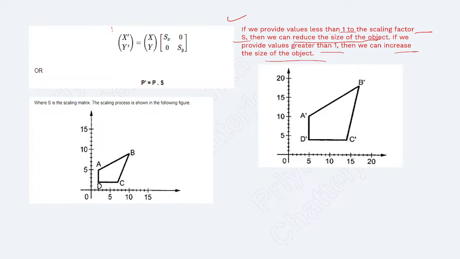Okay. x dash, y dash, x y, sx sy. So this is the scaling matrix, because in the same way I will multiply x y with this. After multiplication, ultimately you will get x dot sx and y dot sy. That is the representation in matrix. This is called scaling.